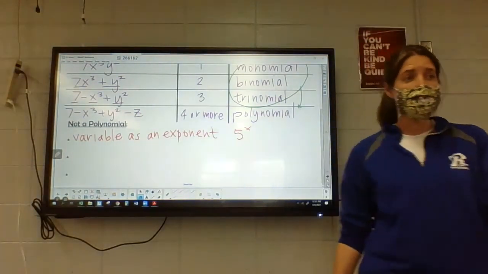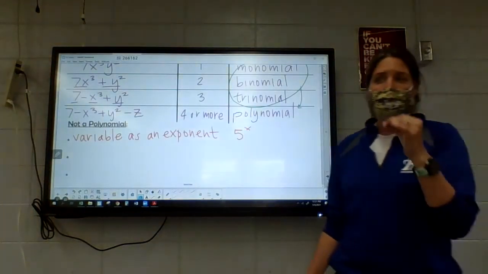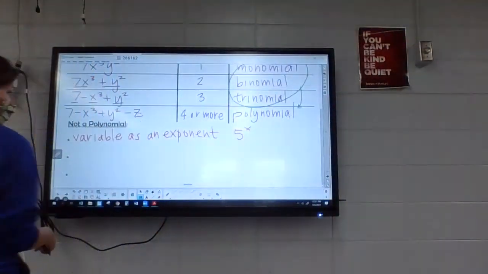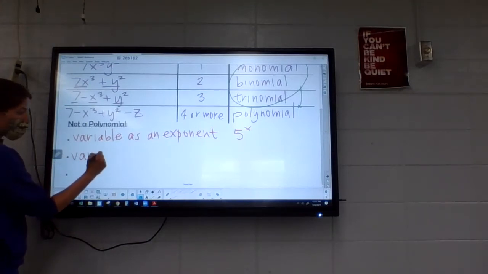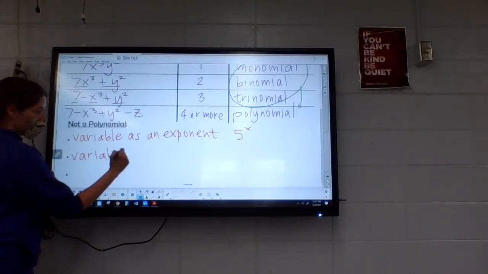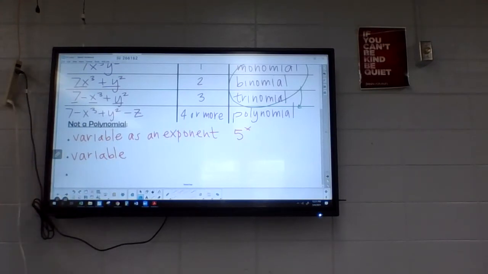The next one does involve a fraction, but it's where the variable shows up. You can't have a variable in the denominator. So this is not a polynomial. Some of the things we did last chapter weren't polynomials.